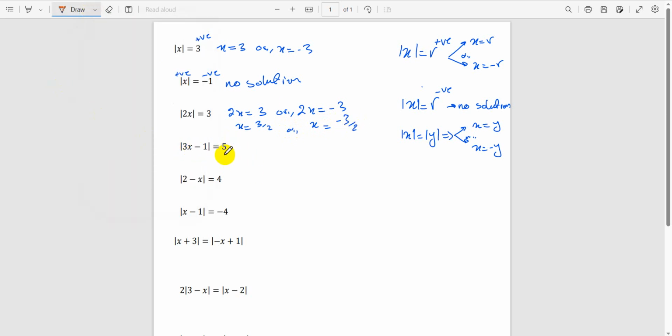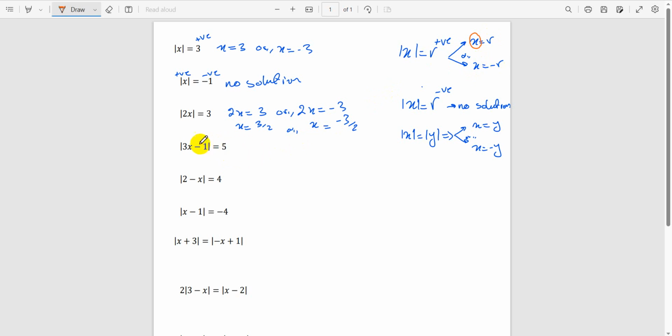Absolute 3x minus 1 equals 5. It's the same: absolute of whatever value inside equals a positive value, then the inner function will be equal to the positive, or the inner function will be equal to the negative of this value.